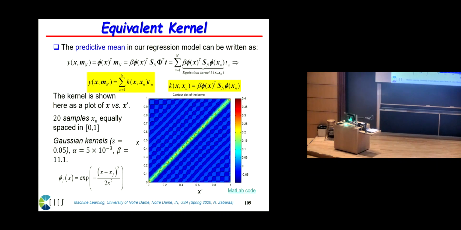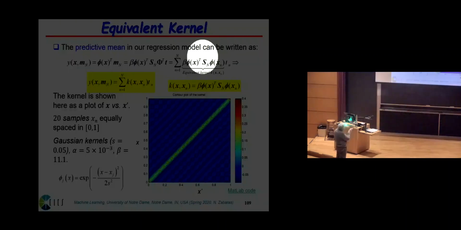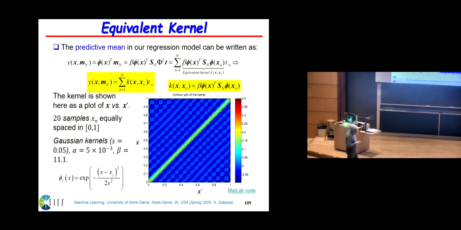Very nice analytic form. Now I want to look at this equation and see if we can potentially generalize things later on. Notice that the whole thing in the brackets is a function of x and xn. Actually xn is also contained inside the variance matrix Sn, because that contains the design matrix phi.